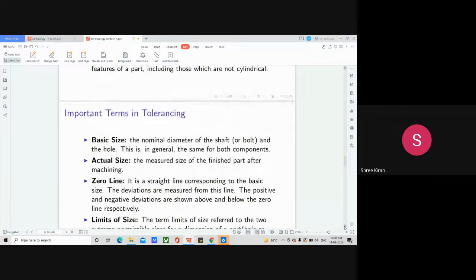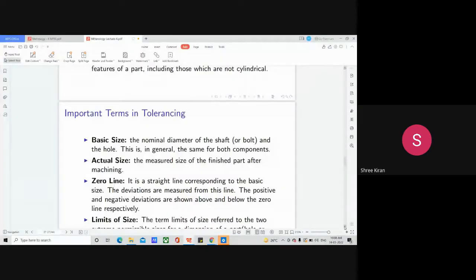It is the straight line corresponding to the basic size where the deviations are measured from this line. So this is the basic line. From this only we can calculate the tolerance and the deviations occurring in the product after machining, before machining, or at any time of machining. That's named as the zero line.